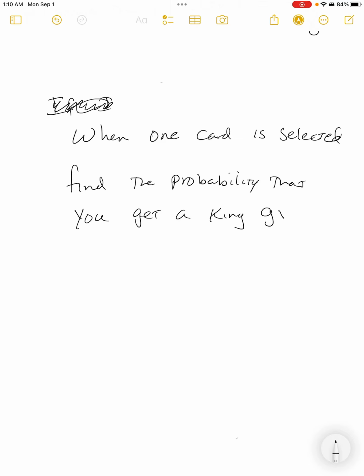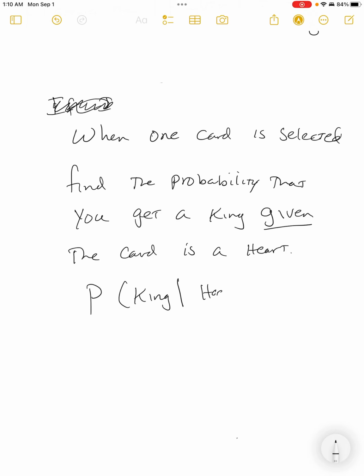And then what makes it this section is this word right here, given the card is a heart. Okay, so symbolic wise, that would be the probability that you get a king, given you have a heart.